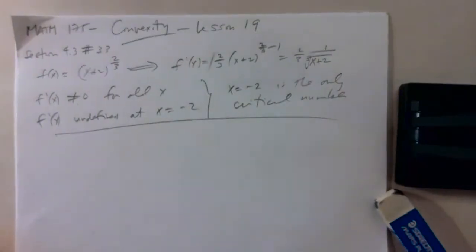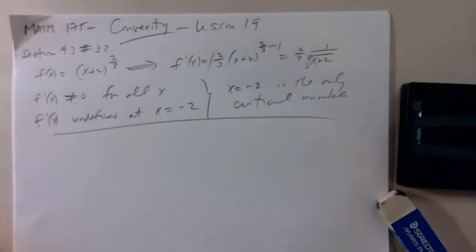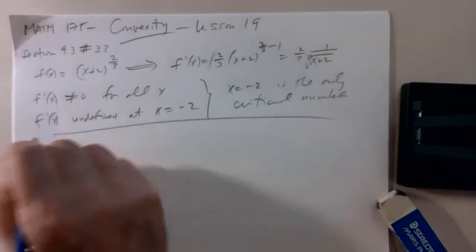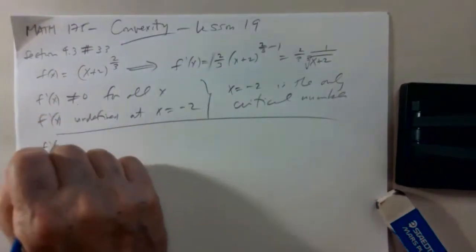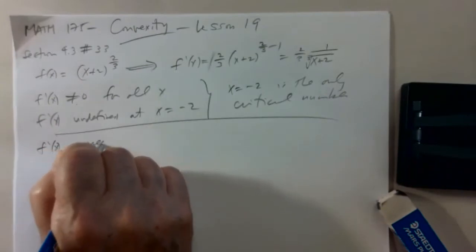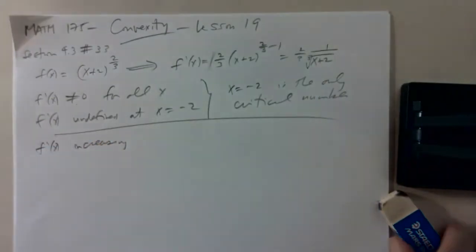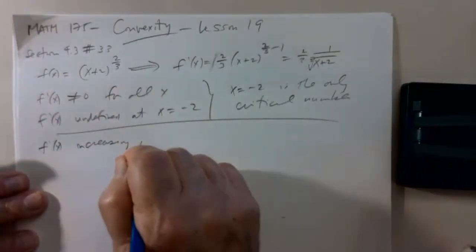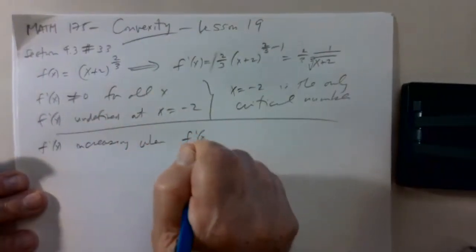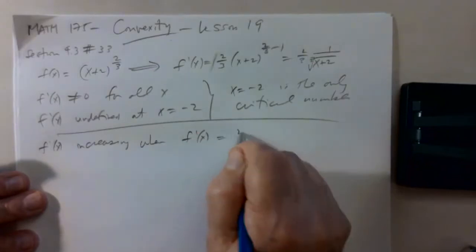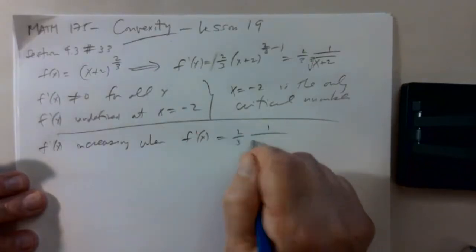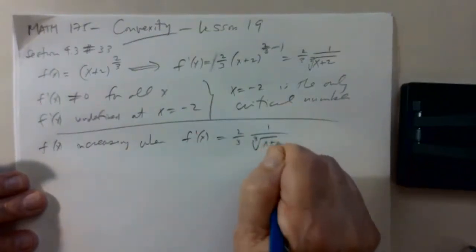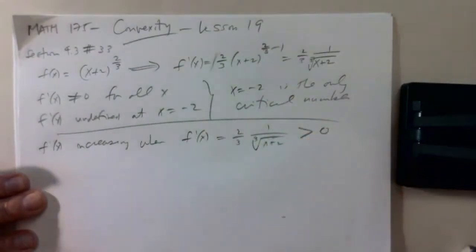So where is the function increasing and where is it decreasing? The function f of x is increasing when f prime of x, which is 2/3 times 1 over the cube root of x plus 2, is positive.